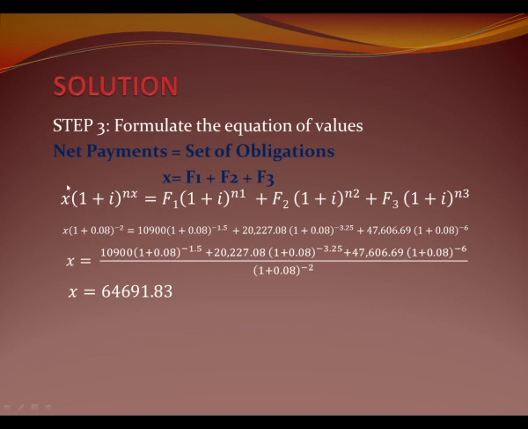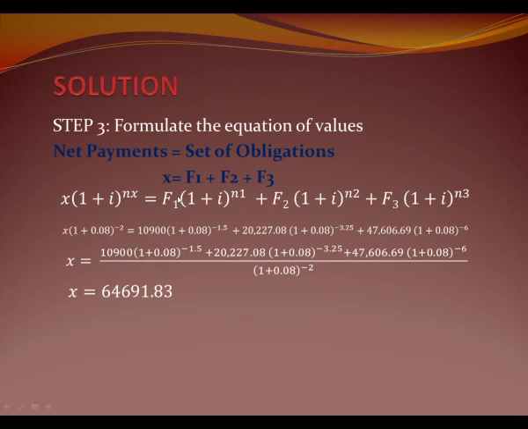So every value will be accumulated by the 8% effective. So for the X payment, there will be an accumulation of 1 plus 8% together with F1, F2, and F3. So we have for the payment, this will be multiplied by 8% accumulation. So this will be 1 plus 8%, and then the N of X from the common date is negative 2.